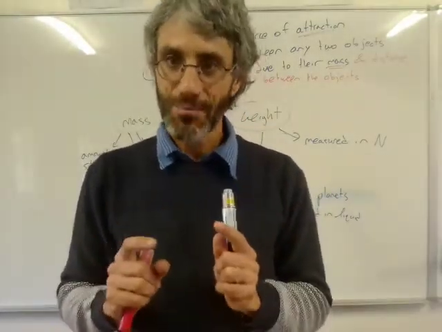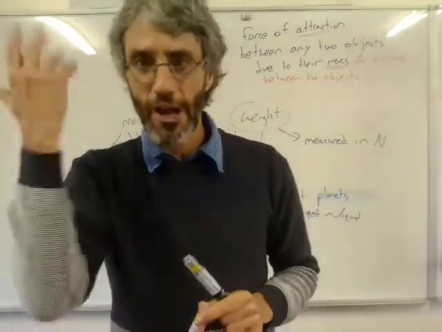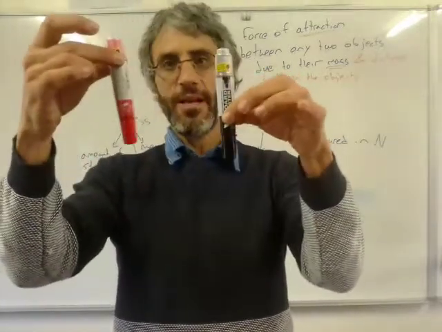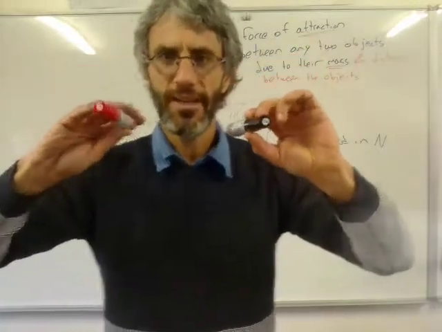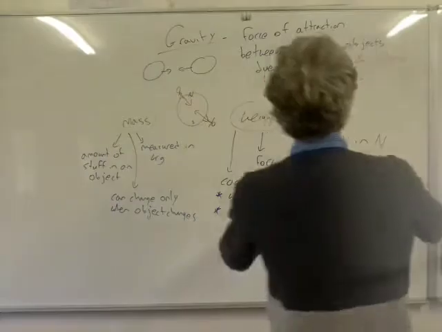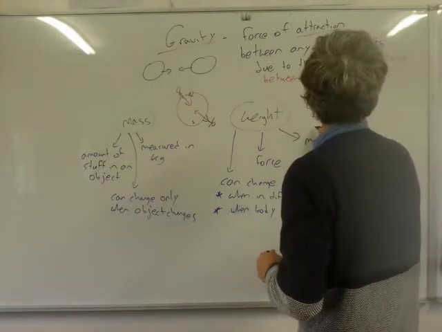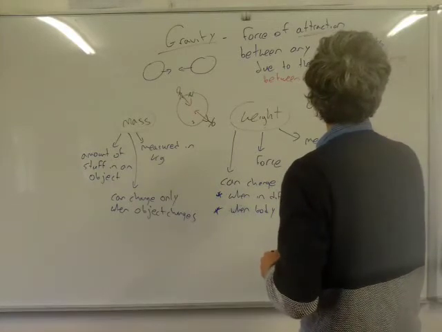But saying that, there have been experiments for a long time, I think 300 years, where they took two masses. I'll draw it for you. I think it was something like that.